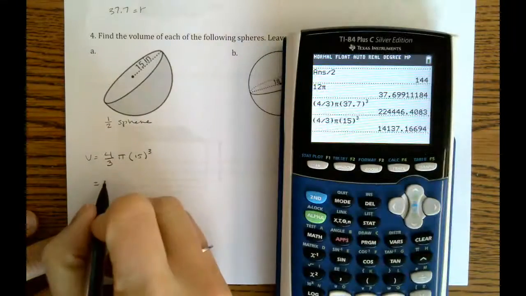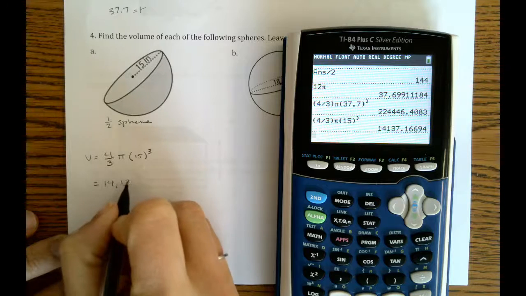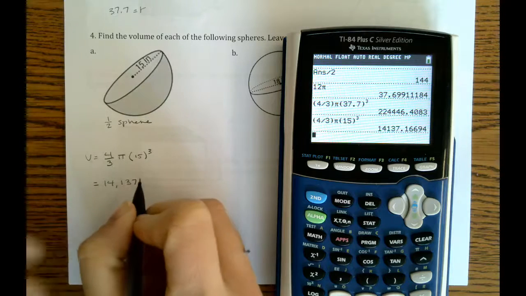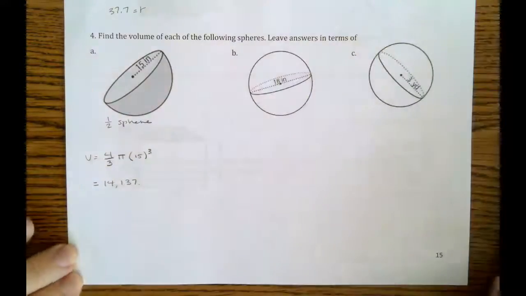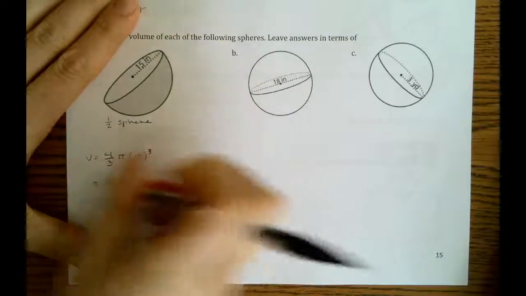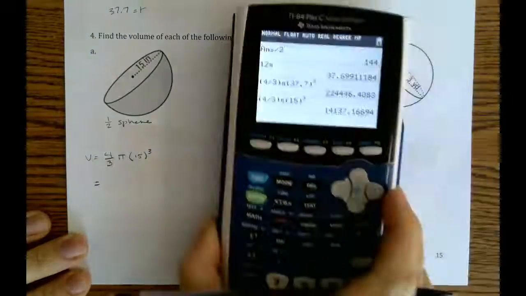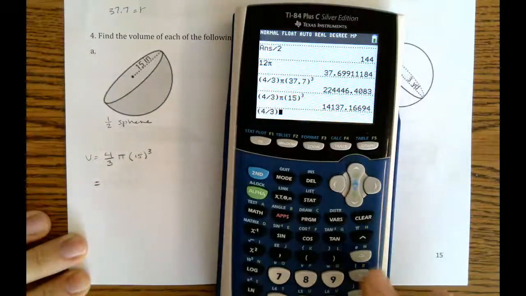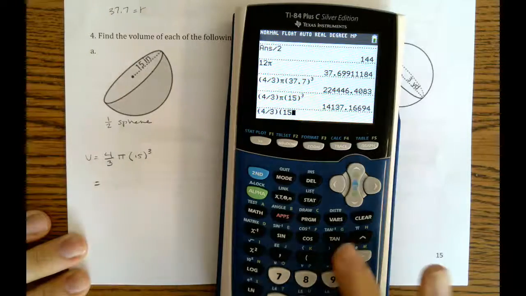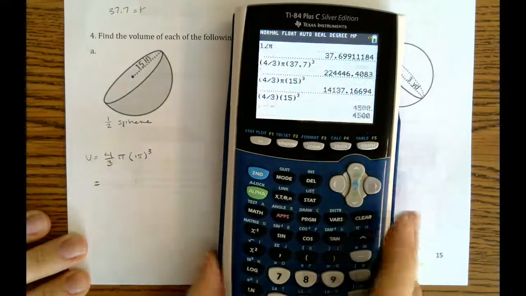Okay. So we end up with 14,137 point. Oh, sorry, it says to leave it in terms of pi. Disregard that. We'll leave it in terms of pi. So sorry. 4/3 times 15 cubed.